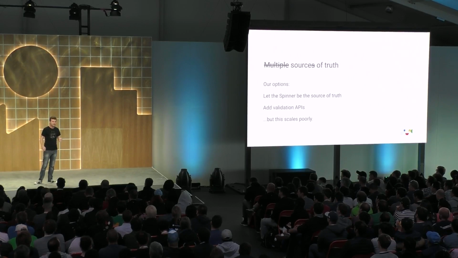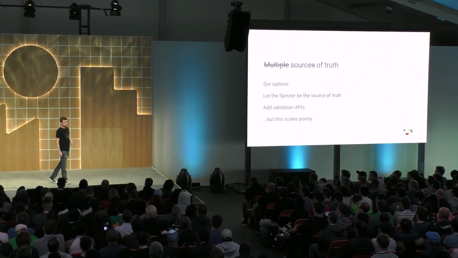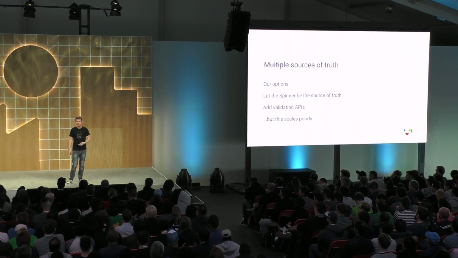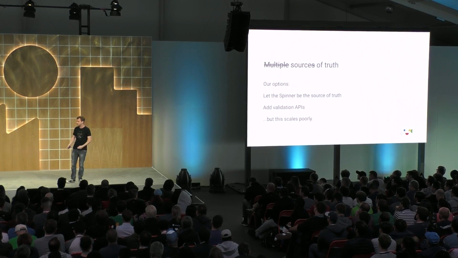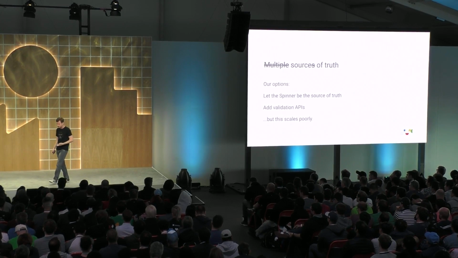And it scales kind of poorly if you're writing those components yourself. You want to have a case where it's turtles all the way down. You want to make sure that it's as easy to write a component as it is to consume a component. So you don't want everybody to have to deal with writing all their APIs twice, writing these validation filters for every property that you can set.